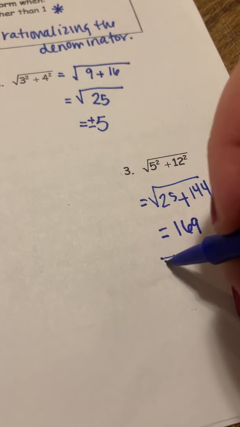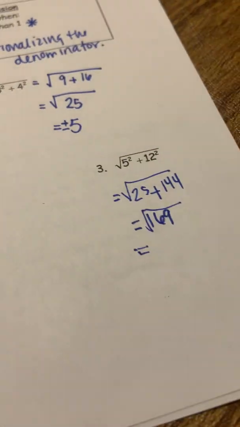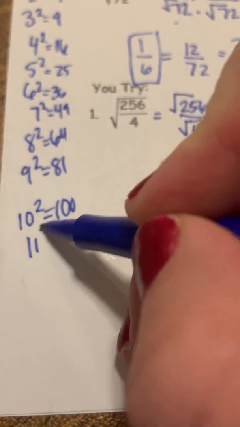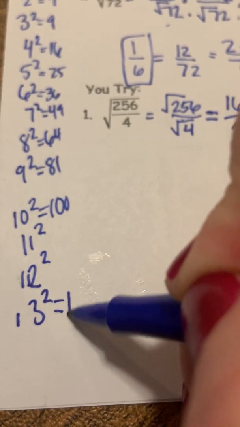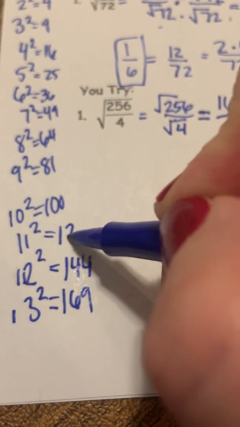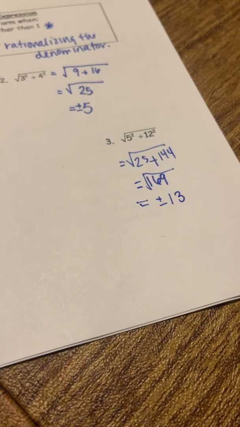And the square root of 169 happens to be another perfect square, which I don't have on this list right now. So we'll do 11 squared, 12 squared, 13 squared, and 13 squared is 169. So the answer here is plus or minus 13. There you go. All right, let's flip the page.